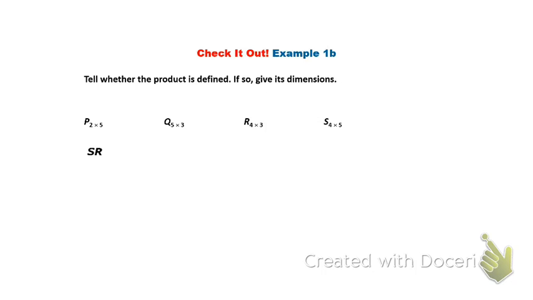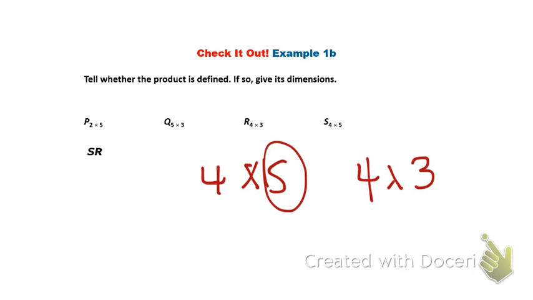And let's do one more. Pause it and see if you can get this one as well. We have S times R. S is a 4 by 5, and R is a 4 by 3. So is this one defined? We have 5 columns to 4 rows.